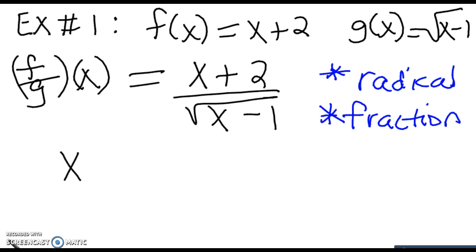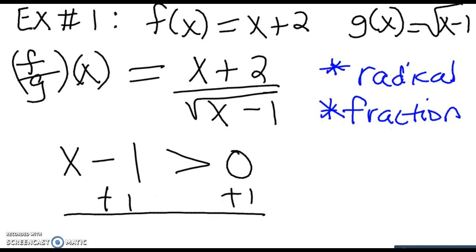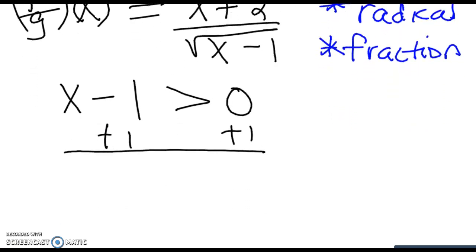We want what's underneath the radical sign, which is x minus 1, to be positive, which means it needs to be bigger than 0, and we never want it to equal 0. So if we solve this inequality, we would add 1 to both sides, and we find that our domain is where x is bigger than 1.